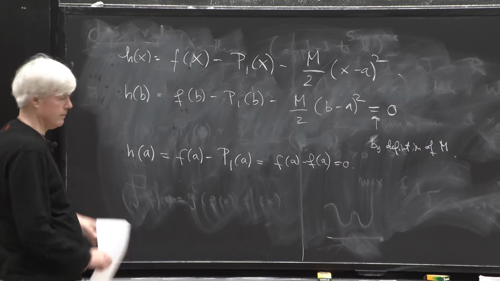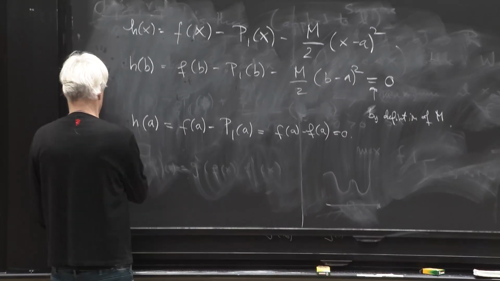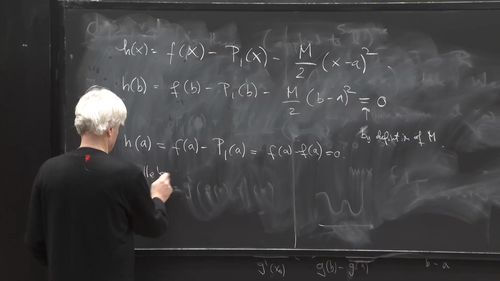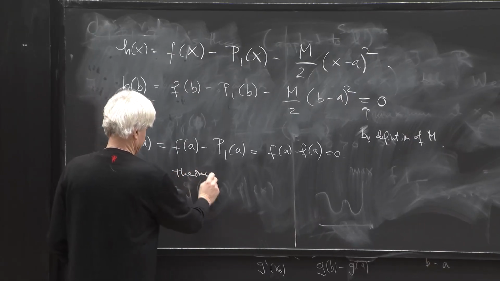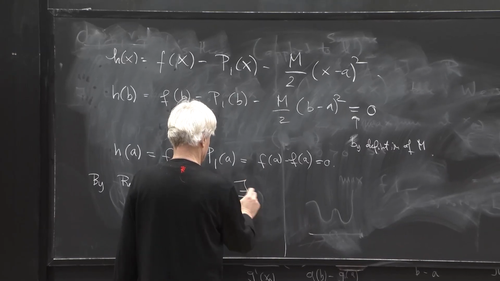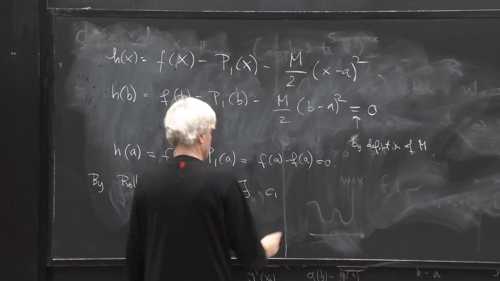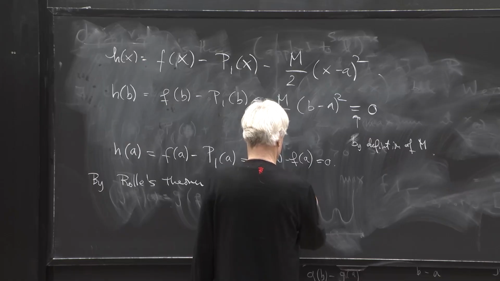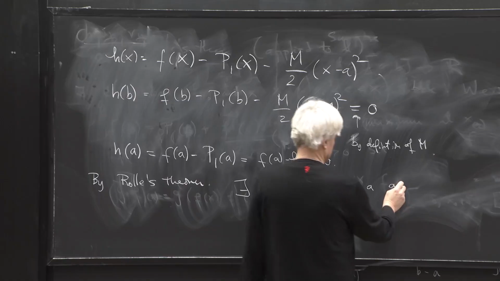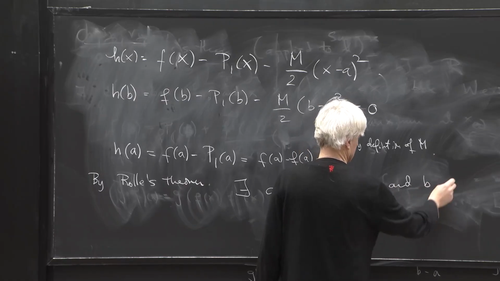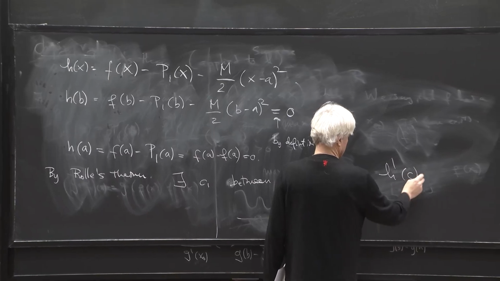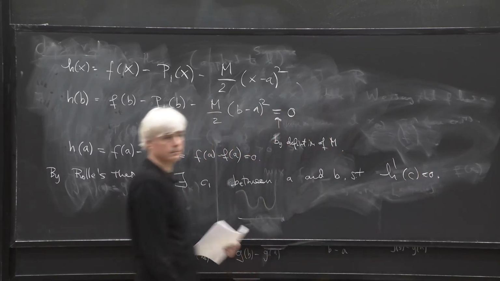So by Rolle's theorem, there exists C1 between A and B such that h prime of C1 is equal to 0.